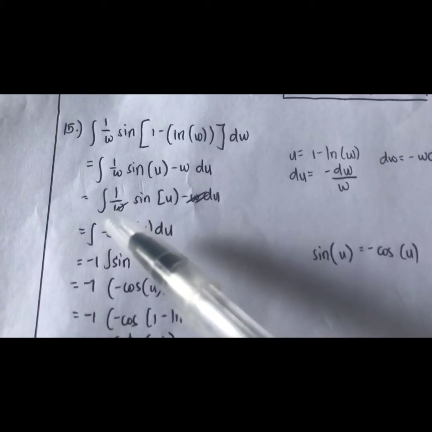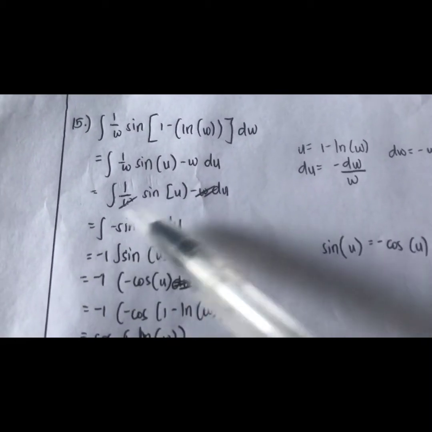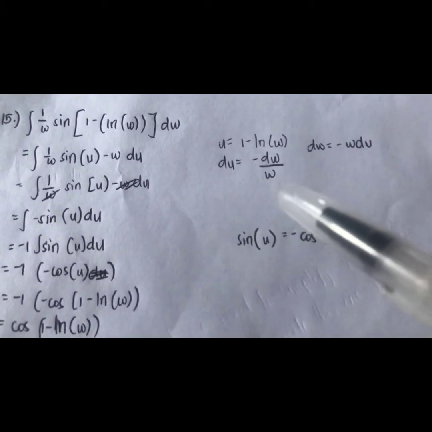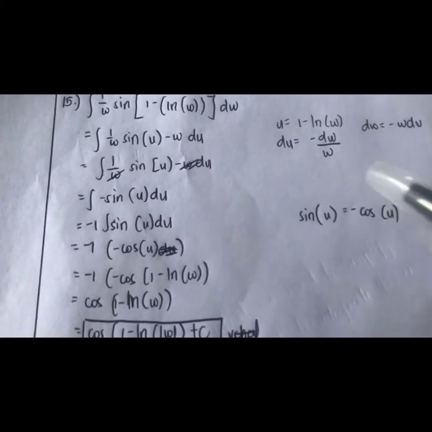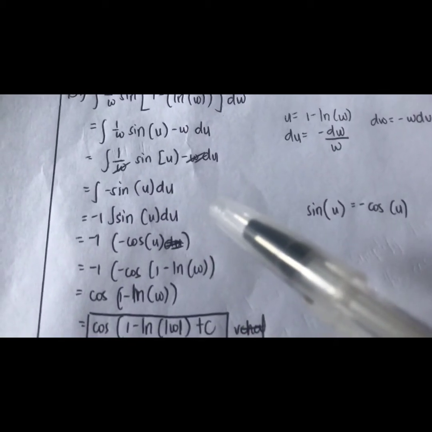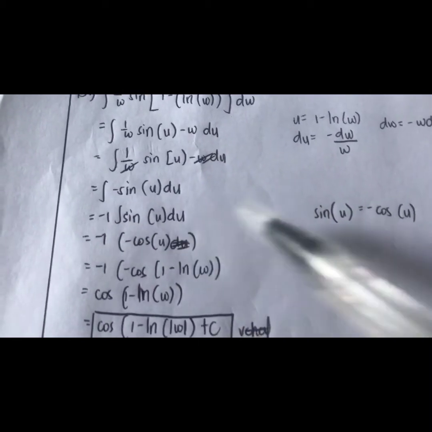Now, let's move the constant to the left side. So we will have negative 1 times the integral of sine u du. Now we all know that the integral of sine u is equal to negative cos u. So we will have negative 1 times negative cos u. Now let's substitute back the original value of u into the equation.